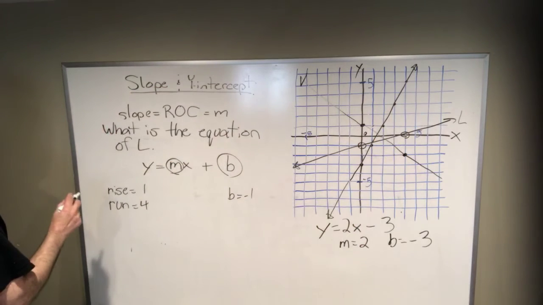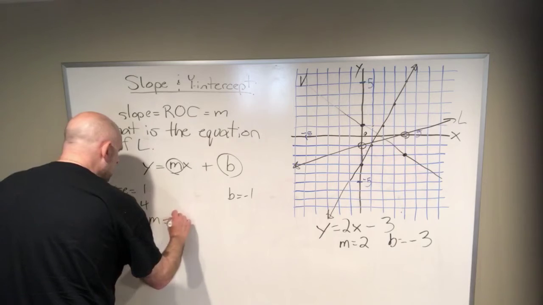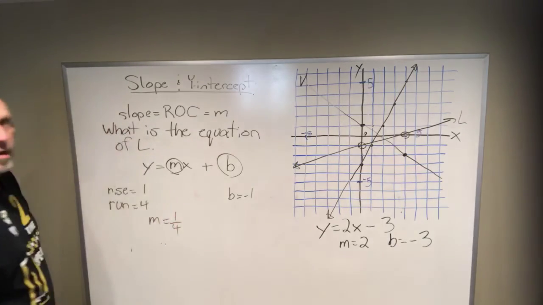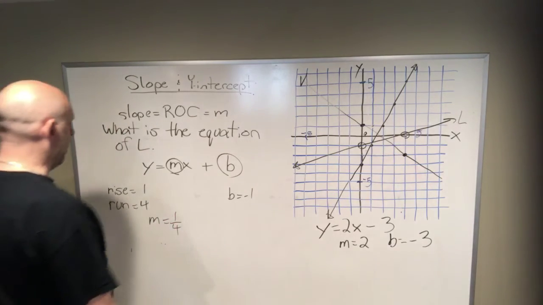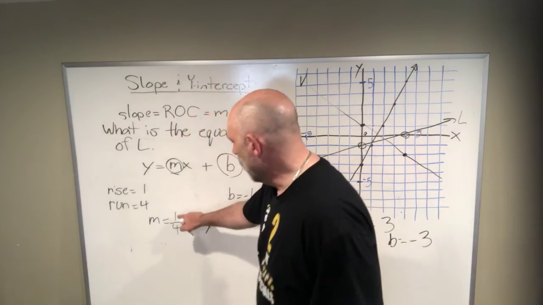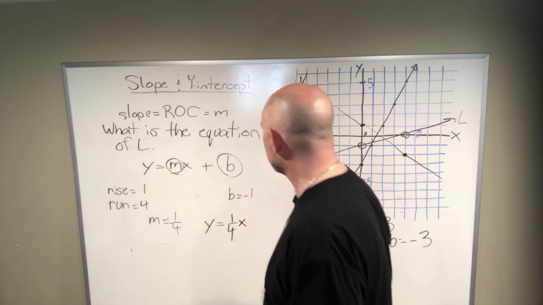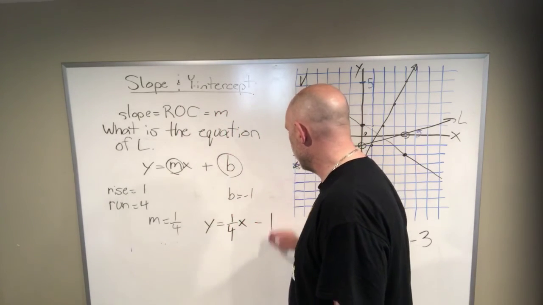The rise is 1, run is 4, so the slope equation, no problem. Y equals 1/4 times x minus 1. That's it.